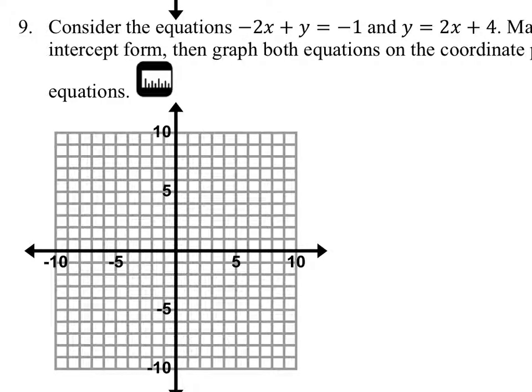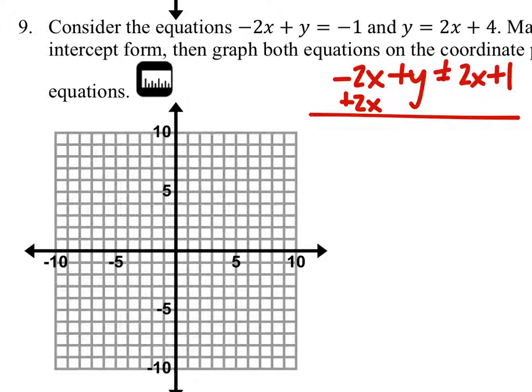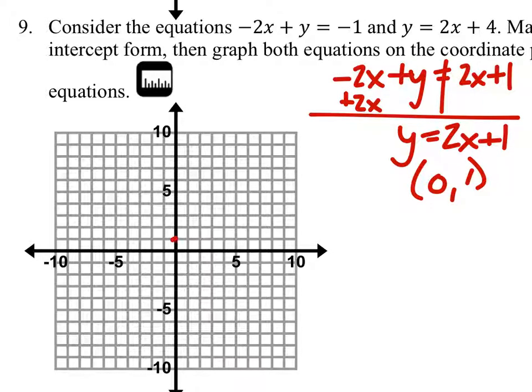All right, number 9, same idea. Let's look at this negative 2x plus y equals 1, because that's not in slope-intercept form. So if I add 2x to both sides, then I get y equals 2x plus 1. Well, this gives us a y-intercept at (0, 1), which would be right here.